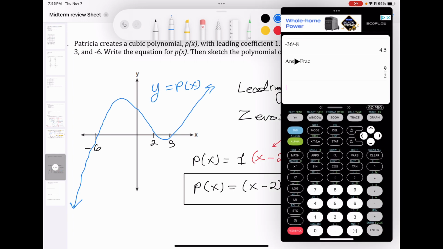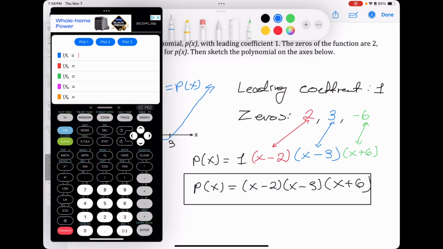And then if you want to, you can also confirm this in your graphing calculator by putting the function into the graphing calculator. So that's going to be x minus 2 times x minus 3 times x plus 6.